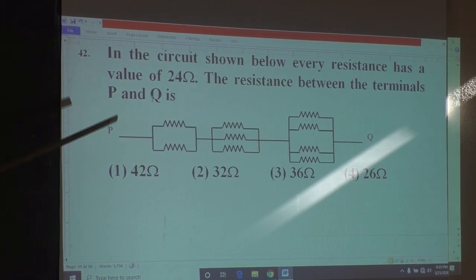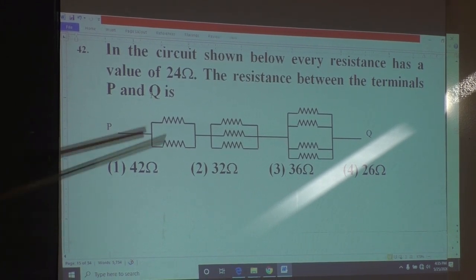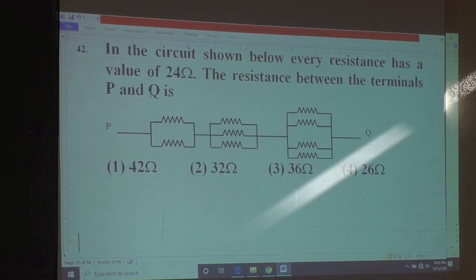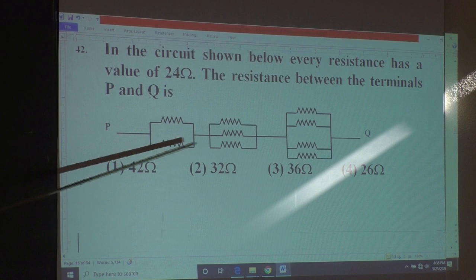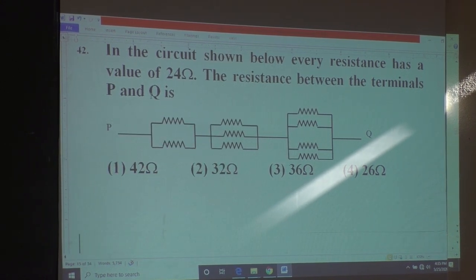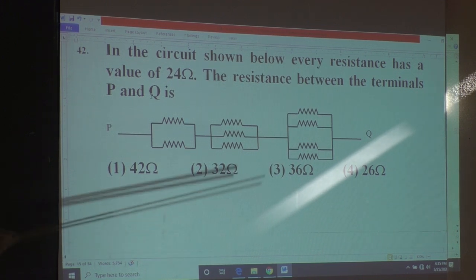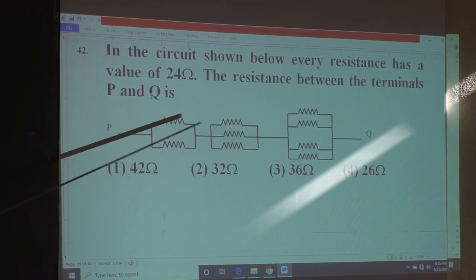Now, in the circuit shown, every resistance is 24. 24 parallel 24. Is it 12? 24 by 2, R by N formula, 12. 24 by 3, it is 8. 24 by 4, 6. So 6, 8 and 12.